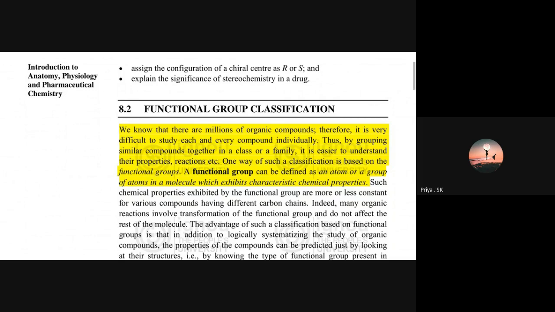What is a functional group? A functional group can be defined as an atom or a group of atoms in a molecule which exhibits characteristic chemical properties, and by composition they also have similar types of atoms or groups of atoms in a molecule.